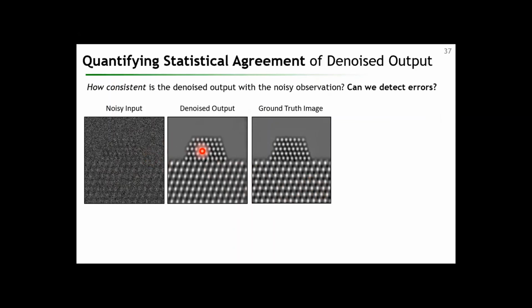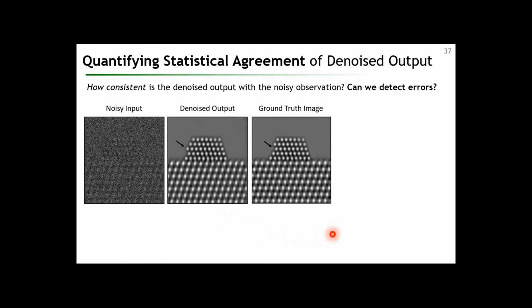So it took this and produced this, and it's very, very close to the truth. But in some cases, there were the loss of or the generation of spurious atomic columns on the surface. And this is a big issue for us because that's what we want to study. We're interested in the catalytic properties that occur on the surface. So if there's spurious columns appearing on the surface, it would be bad.